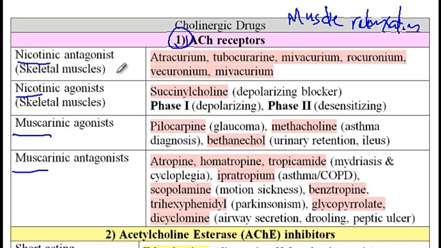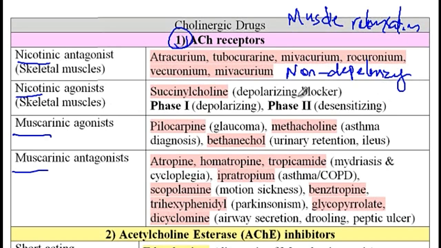Some nicotinic antagonists are non-depolarizing muscle relaxants which function by antagonizing nicotinic receptors. On the other hand, succinylcholine is a depolarizing muscle relaxant.